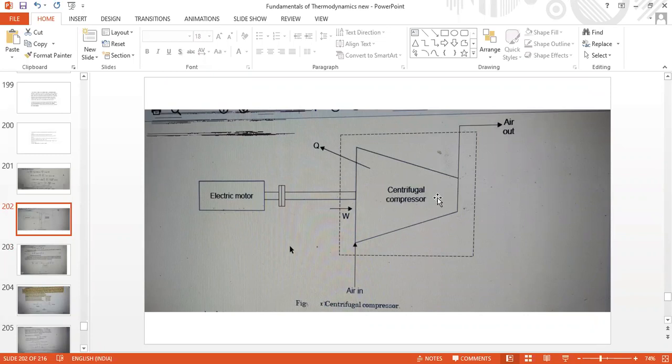I told you that the in-depth study will be considered in the coming semesters, not at this point. At this point, we will just attempt the outline of these devices and apply the steady flow energy equation.